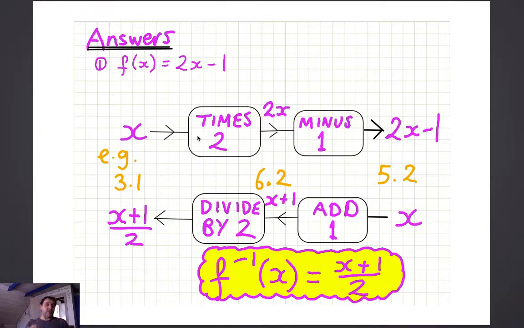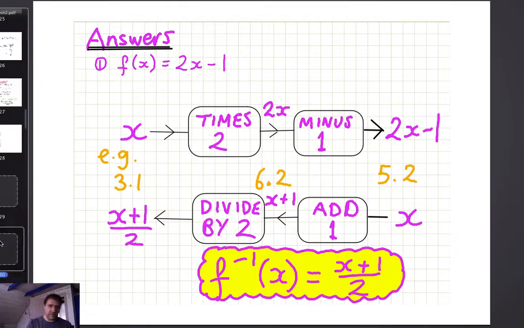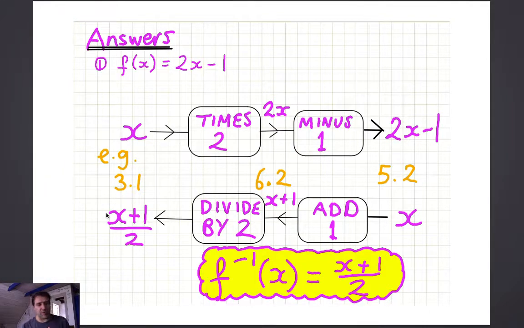So using the notation that's been given in the question, if f of x is 2x minus 1, then f minus 1 of x, the inverse function, is x plus 1 over 2. Those two functions undo the effect of each other. So if you were to put the 5.2 into this, you'd end up back at the 3.1 you started with.